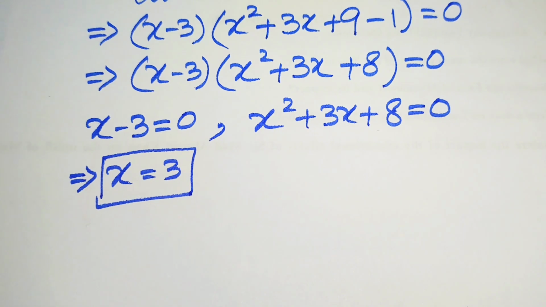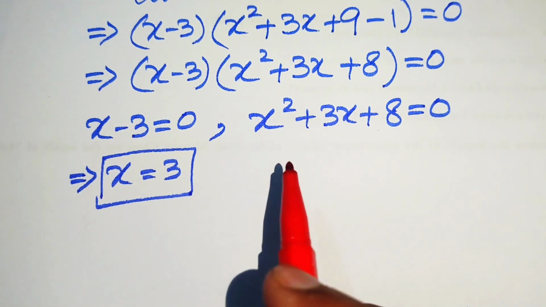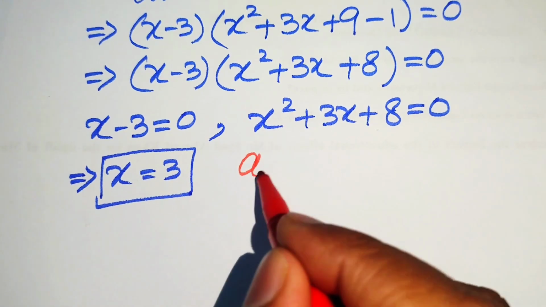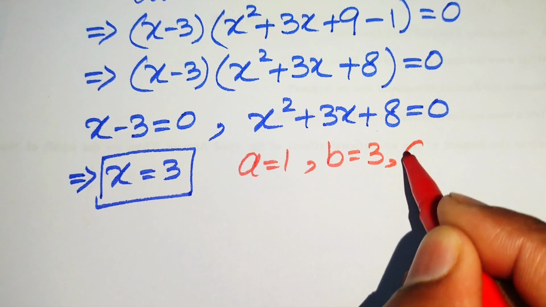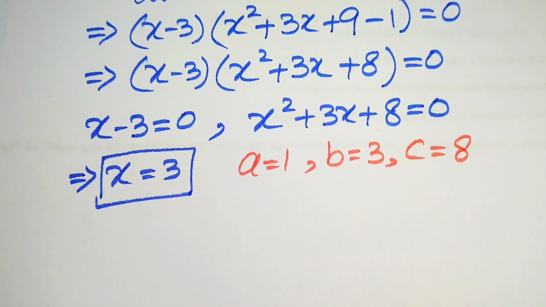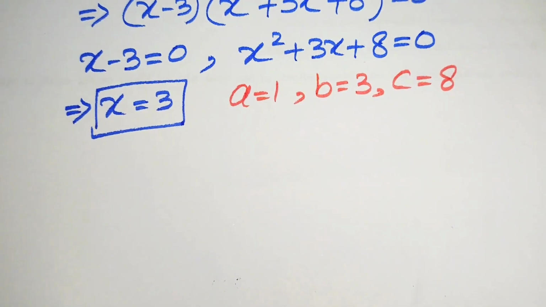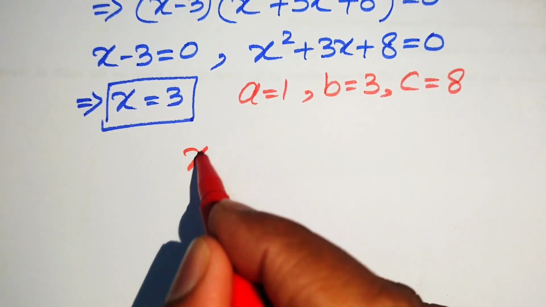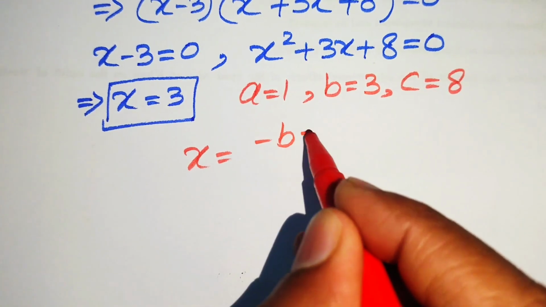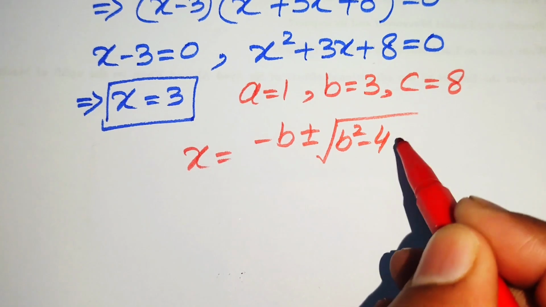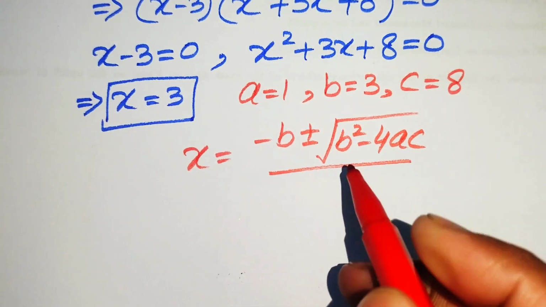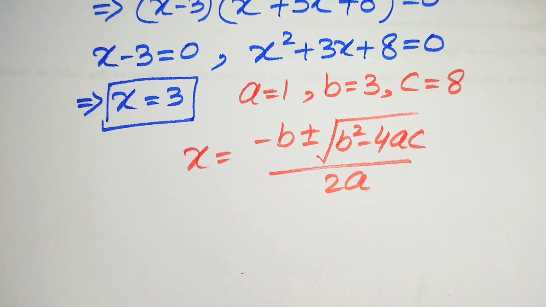First we write the coefficients of this equation: a equals 1, b equals 3 and c equals 8. Now we write our quadratic formula: x equals minus b plus minus square root of b square minus 4ac divided by 2a.